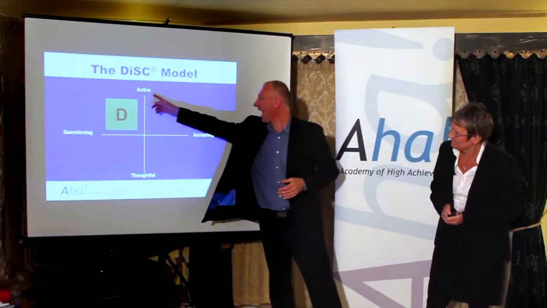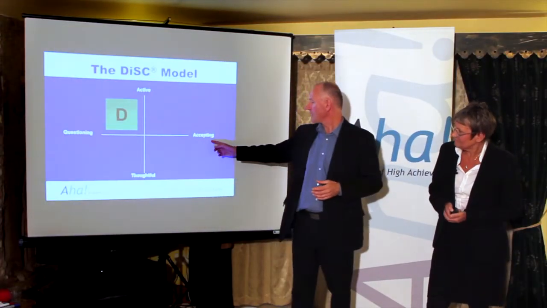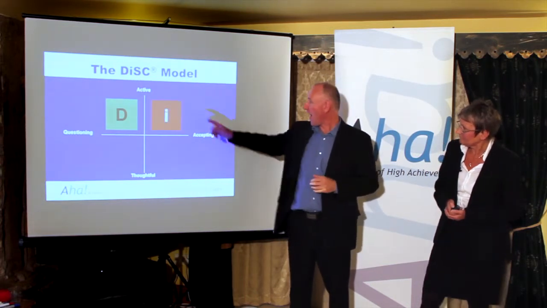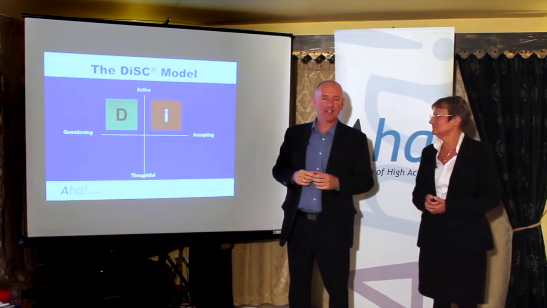Now if you chose active and also accepting, then that puts you in the I quadrant, I standing on the DiSC model for influence. Now, someone who shows an I style in a particular role is likely to be really quite enthusiastic.